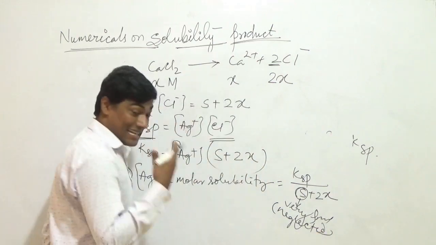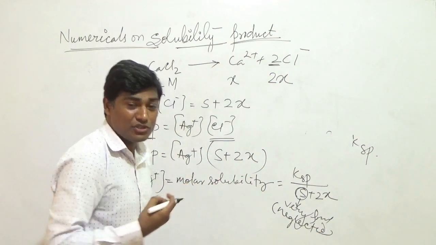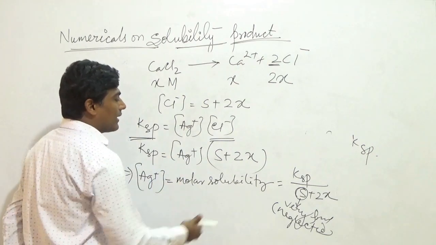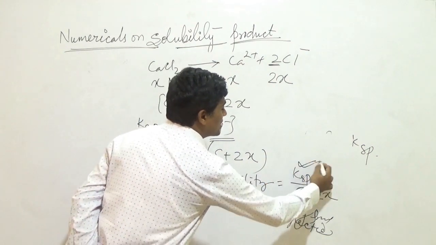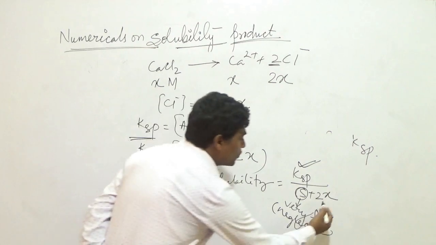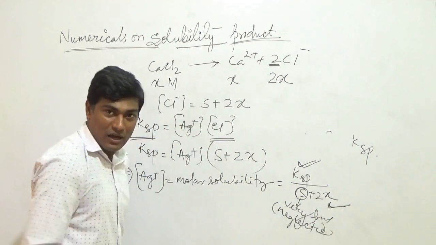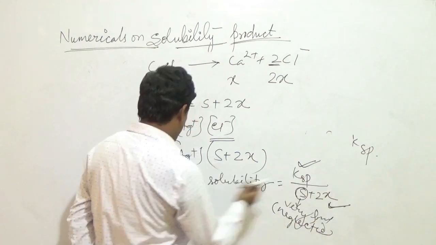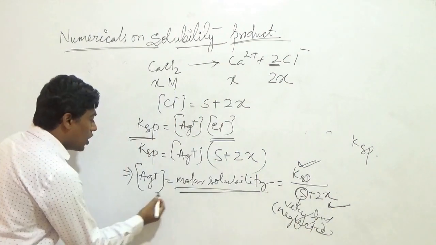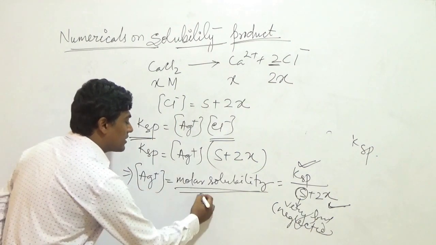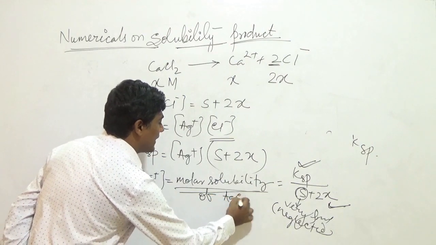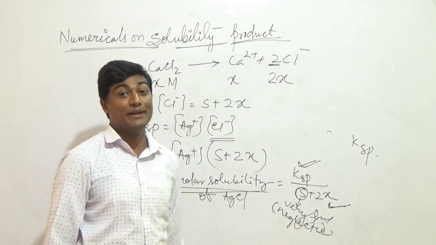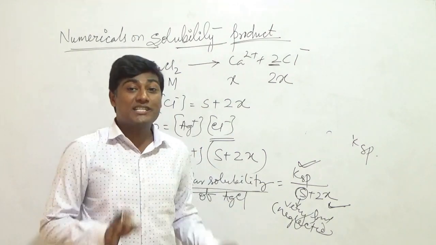Why? AgCl is a sparingly soluble salt. Its solubility is very minimal. So finally, if you know the solubility product and you know this X, the molar concentration of calcium chloride, then Ksp by 2X will be the molar solubility of Ag+, that is, the molar solubility of AgCl in X molar calcium chloride.